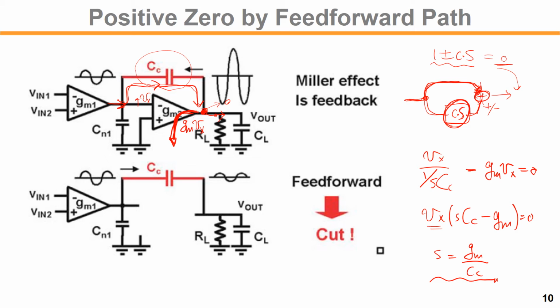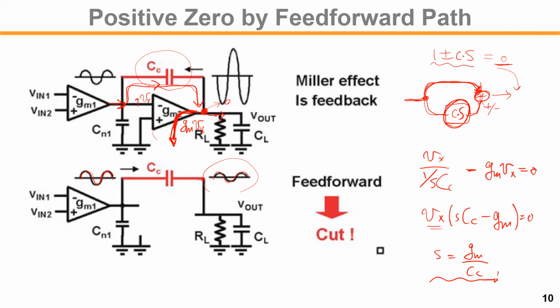This kind of positive zero, you can think of it at high frequency: if the amplifier second stage Gm is not working, for example, then you will see that the signal coming in will feed through to the output with the same phase.